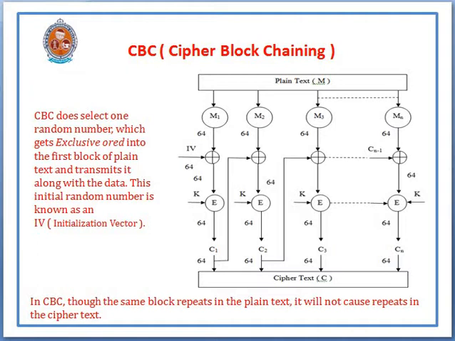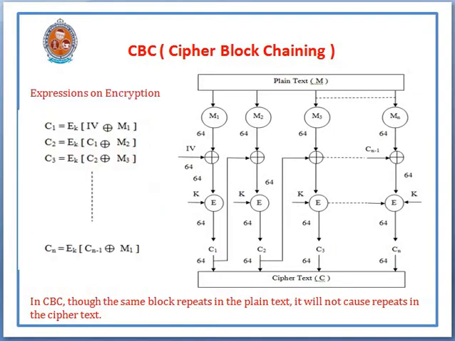Now again we get a 64-bit value that is encrypted by using the same key to get C2. This C2 is forwarded to the next round XOR and so on. In this way finally we get C1, C2 and so on Cn blocks. All these ciphertext blocks are combined together to get the final ciphertext. In CBC, even though the same block repeats in the plaintext, it does not cause repetition in the ciphertext.